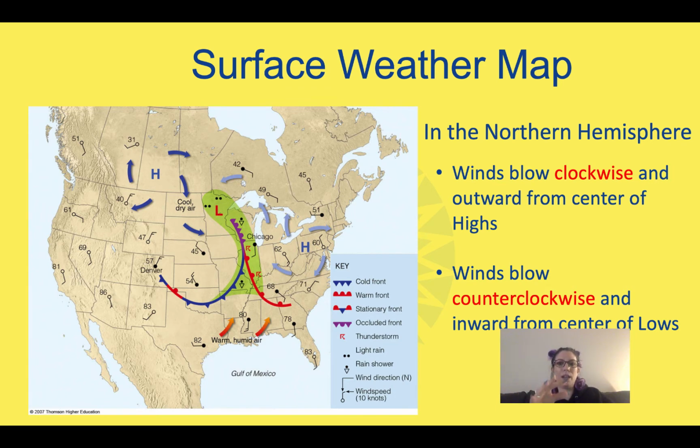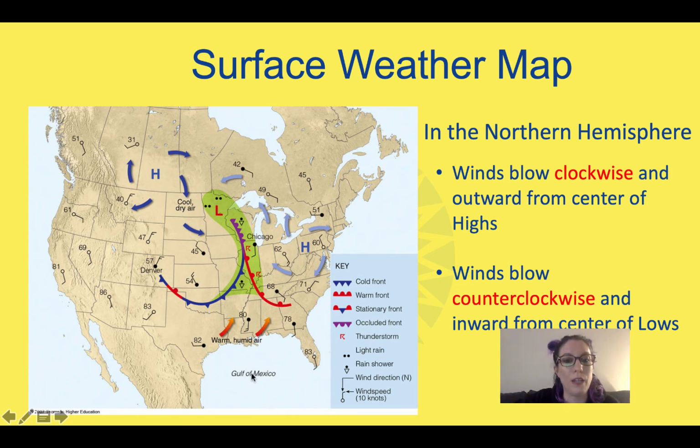If you throw an arrow, the tip of the arrow is going to be the thing that goes through the air first, and the tail of the arrow is going to follow the tip. So if you look at this station right here, with this being the tip of the arrow and this right here being the tail, you can see that the wind is going to go down from the Gulf, and it'll be a southerly wind, right? Because we're referring to where it's coming from, not going to.